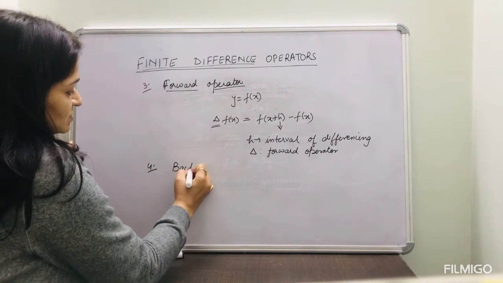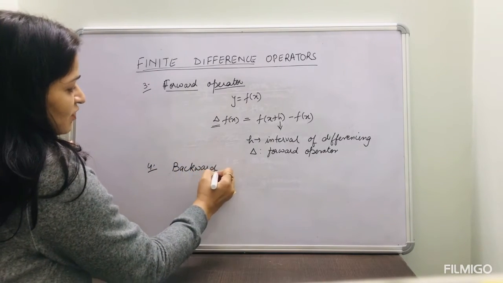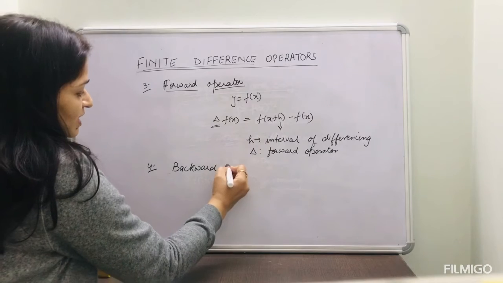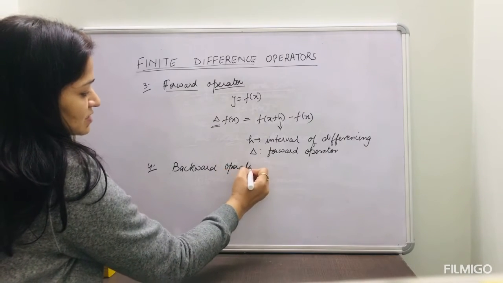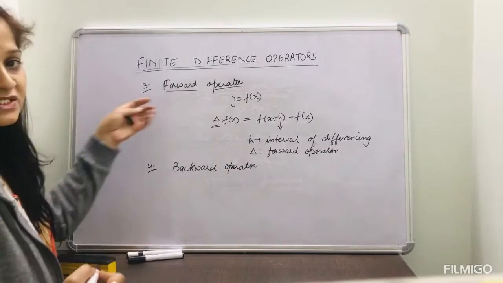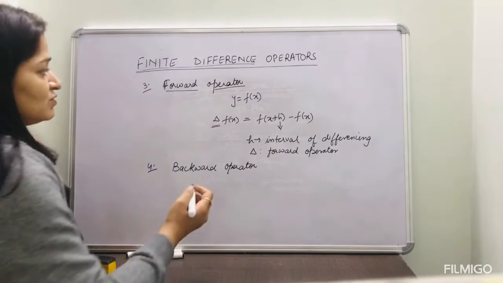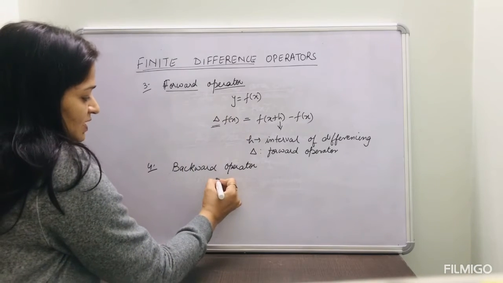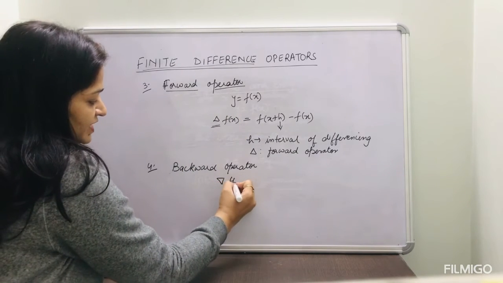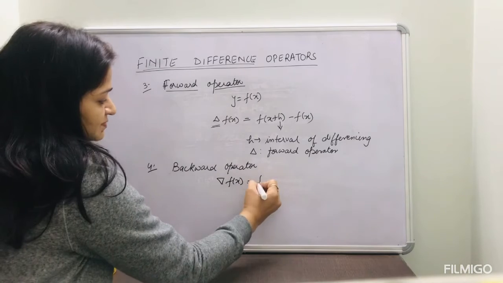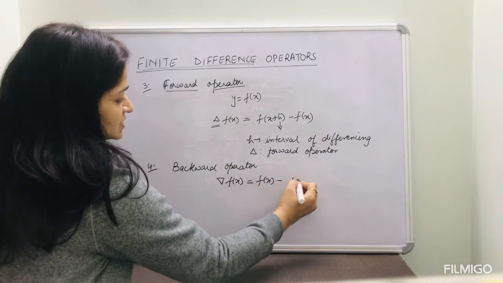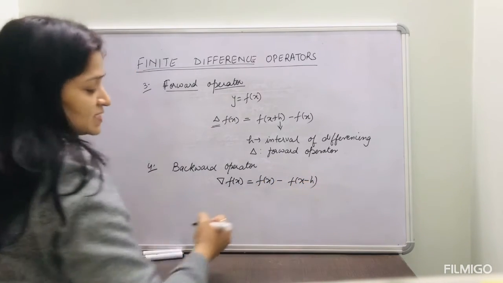After forward we have backward. Forward पढ़ा है तो backward भी पढ़ेंगे. Forward में हम plus करते हैं, backward में हम minus करेंगे. So what is my backward operator? Same story. Let y is equal to f of x be my given function. Backward operator is defined as f of x minus f of x minus h.